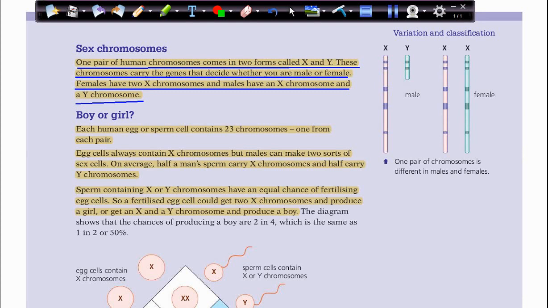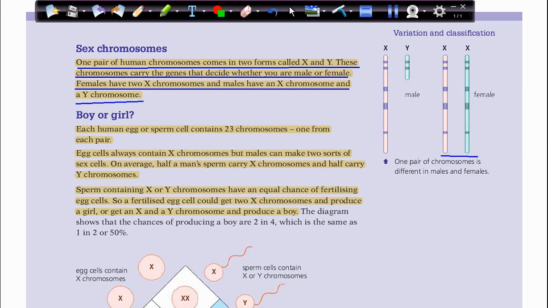So this pair can decide the male or the female. Here, if a sperm cell with an X chromosome fertilizes an egg with an X chromosome, we will have XX. In this case it will be a female.